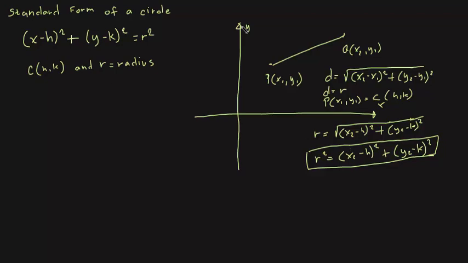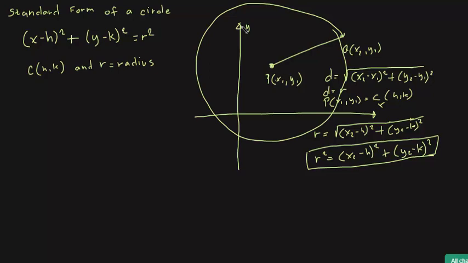Point Q is not fixed now, and point P is a fixed point. Point Q is the one that goes around the fixed point P, which is the center of the circle. Then we have the standard form of a circle, given that the distance is expressed as r. And that is how the standard form of a circle is derived.